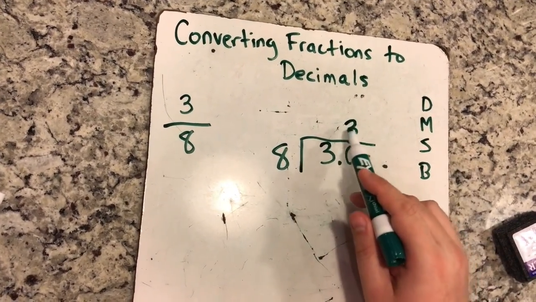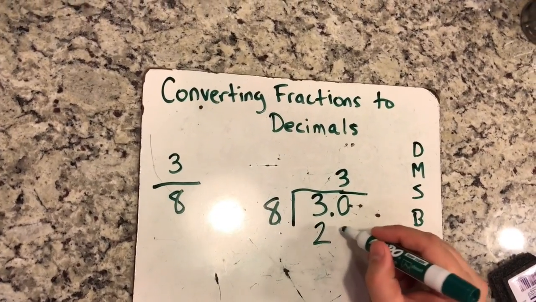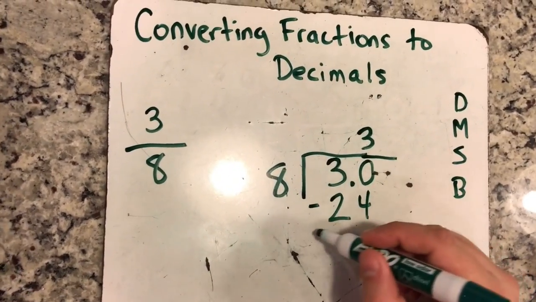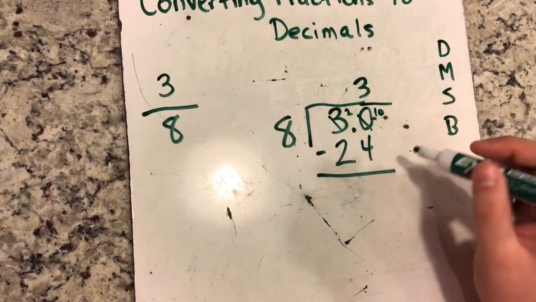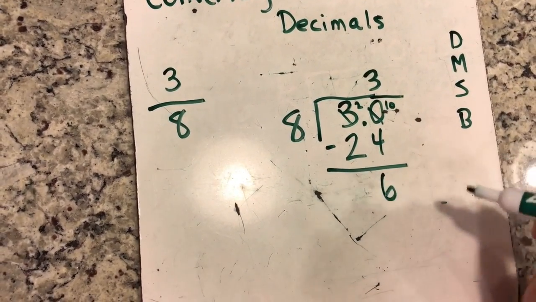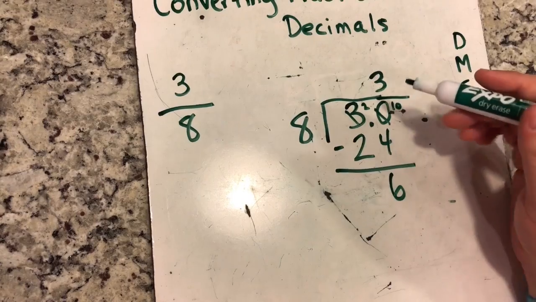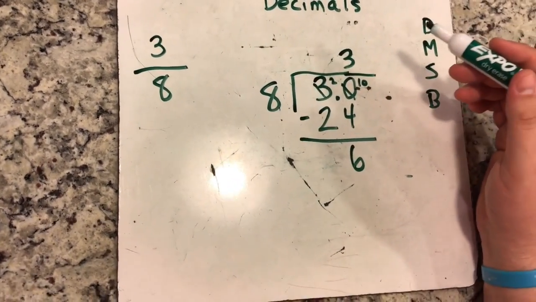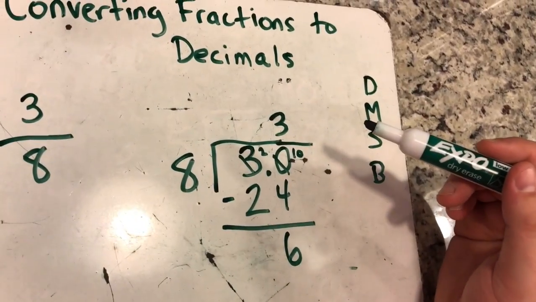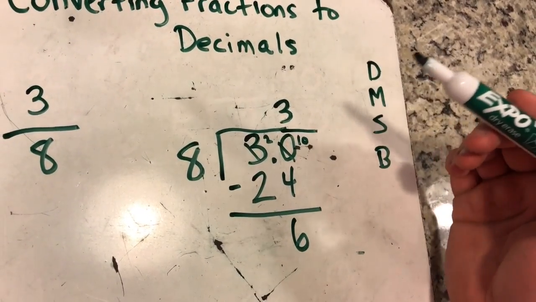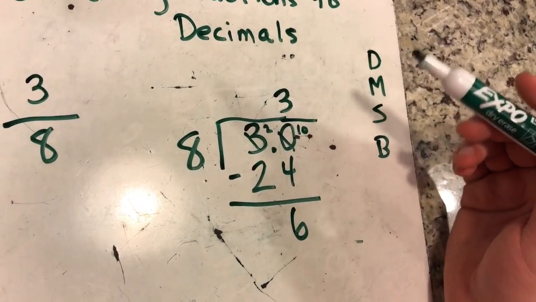I'll multiply now. 3 times 8 is 24. Subtract, okay, that's a 10. That becomes a 2. That gives me 6, all right? You always want to go at least a couple more times, especially if you have fractions that are very similar. If you just had 0.3, that might not be able to tell you enough about what's different, what's bigger, what's smaller, whatever.